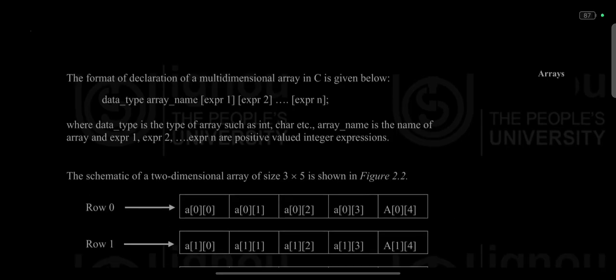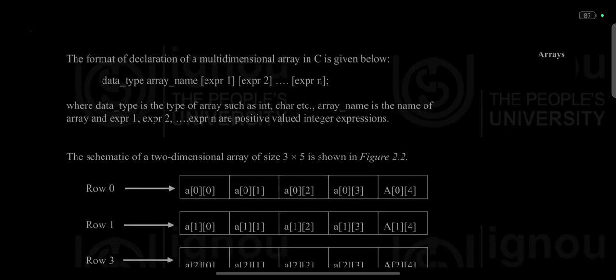The format of declaration of a multidimensional array in C is given below. data_type array_name[expression1][expression2]...[expressionN], where data_type is the type of array such as int, char, etc. Array_name is the name of array, and expression1, expression2, expressionN are positive valued integer expressions.